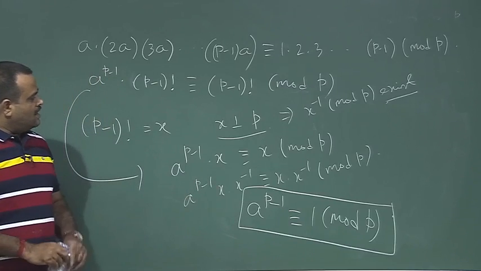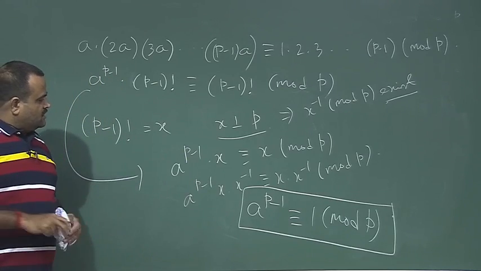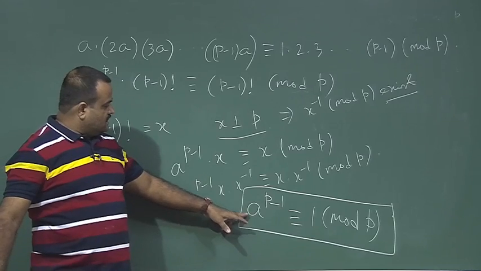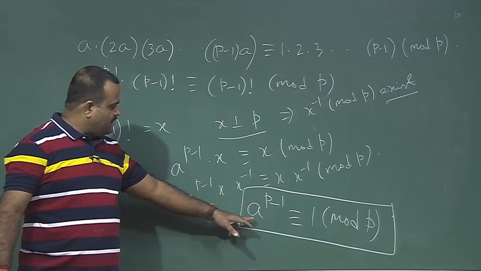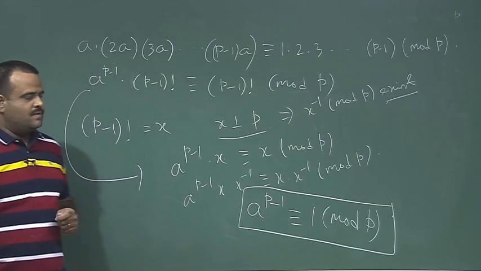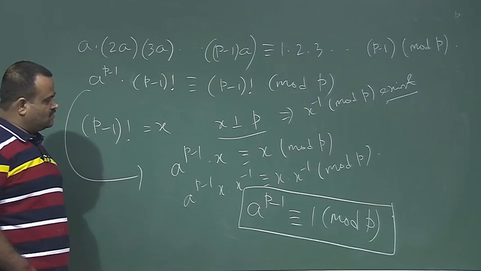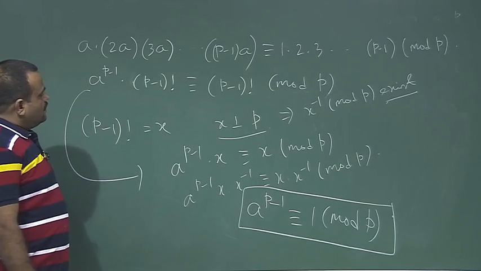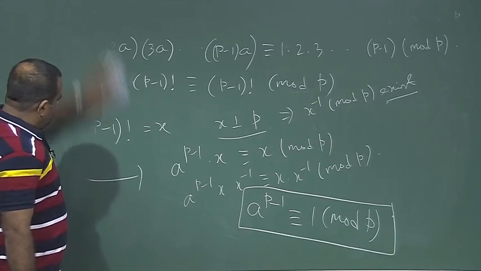So, this is the proof of the Fermat's little theorem. This relationship holds when P is a prime and A is coprime to P. A is any integer which is coprime to P. Okay. So, this is the Fermat little theorem.